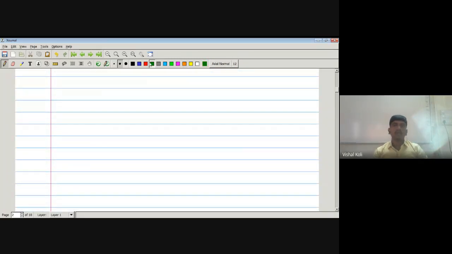Now there are some types of matrices. Types of matrices. First one will be a square matrix.